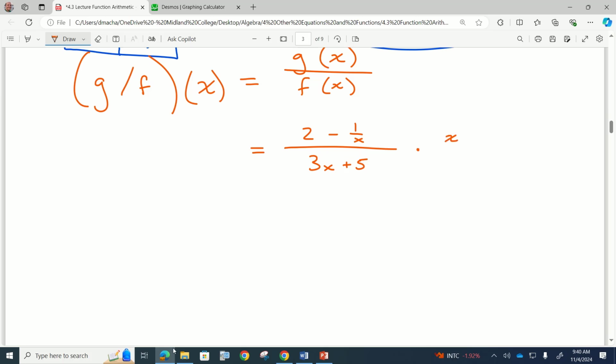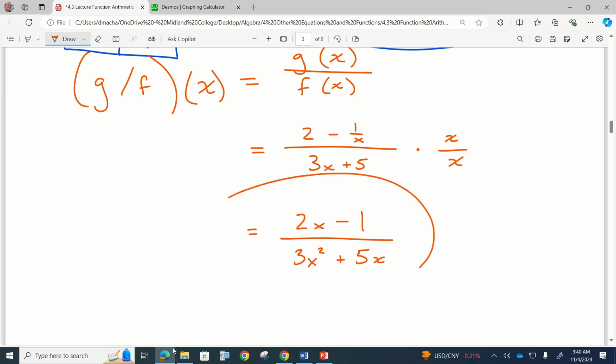Any one of those three is totally fine. Maybe the easiest way to do this is just to multiply by x over x. And then I get 2x minus 1 divided by, and this would be an expanded form of a rational function. So that could be your first answer.